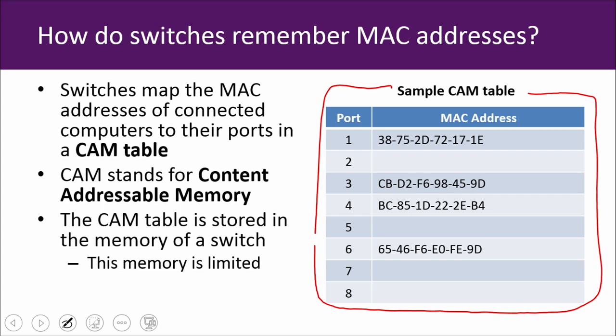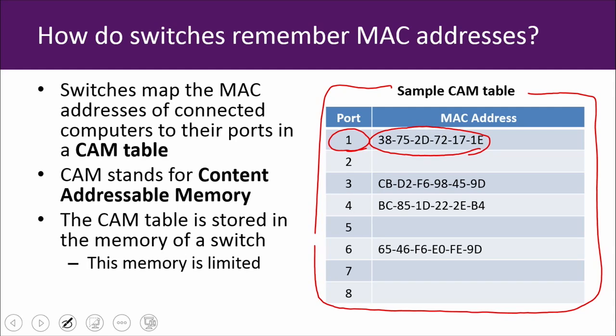And note that if you have port 1, you're going to see that this MAC address right there is associated with it, and so on. Okay. The memory of a CAM table, though, know that that memory is limited. Each device is going to send its MAC address onto a switch.